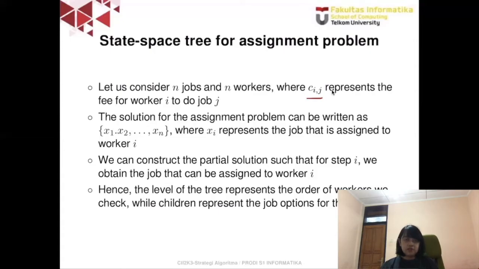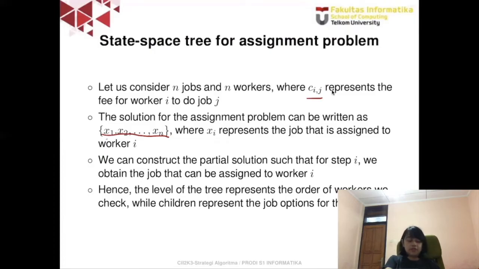And the solution for the assignment problem, we can write it as something like this, where x1 is the job that is assigned to the first worker, and x2 is the job that is assigned to the second worker, and so on until xn is the job that is assigned to the nth worker, the last worker. So we can construct the partial solution one by one.